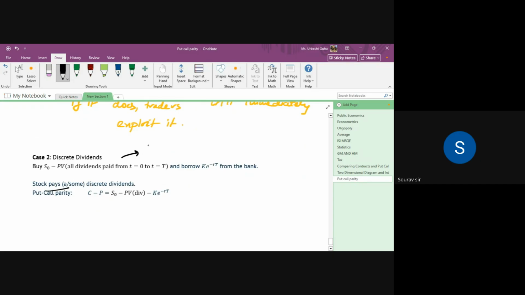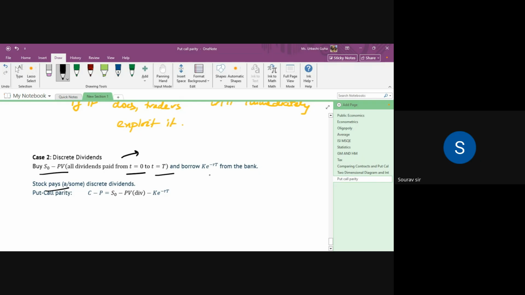If you hold the stock, you will receive dividends between T0 and T. So in order to fairly compare with options, we subtract the present value of the dividends from the stock price. So instead of S0, we use S0 minus PV(dividends).